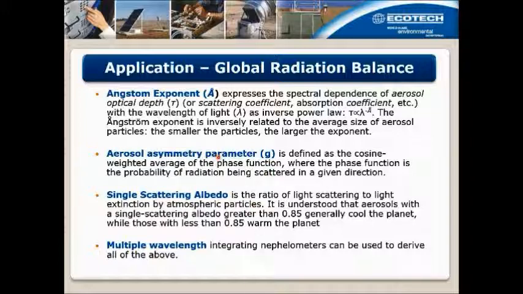I showed you at the beginning that when the particles get bigger, the aerosol scattering has a forward peak, and you get more forward than backward scattering, and that can be described as the aerosol asymmetry parameter. You can measure the single scattering albedo, and for all of that you need multiple-wavelength instruments.